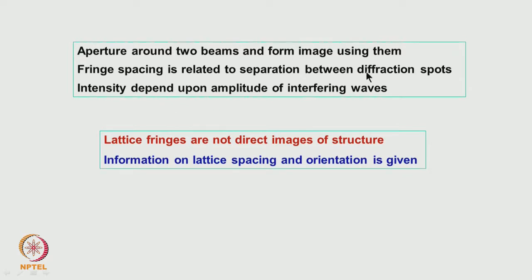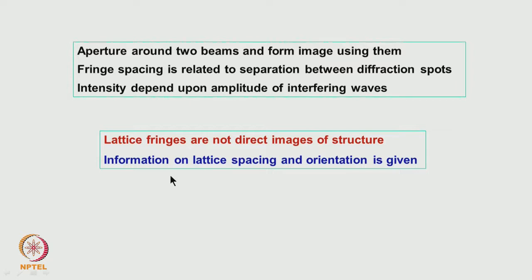But what we have seen is that we get separations which are not revealed by the separation between the diffraction spots. This could also arise due to interference between some other spots which could generate this sort of fringe contrast. Intensity depends upon the amplitude of the interfering waves.